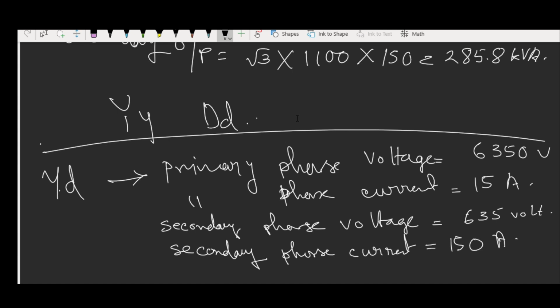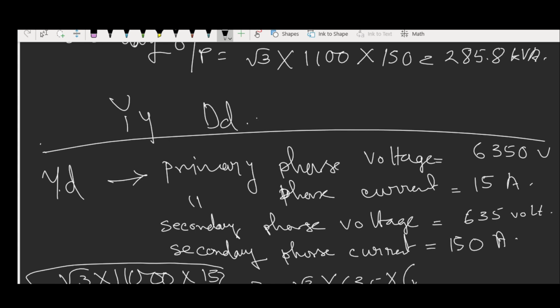Now what about primary side input? That is root 3 into 11,000 into 15. What is secondary side output? Secondary side output is root 3 into 635 into root 3 into 150.